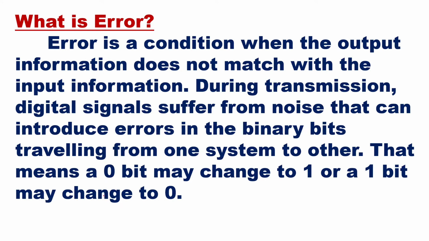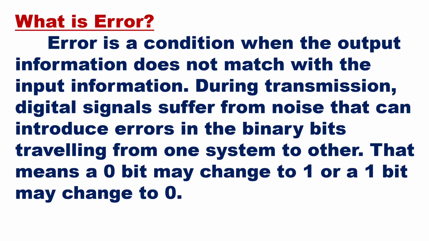During transmission, digital signals suffer from noise that can introduce errors in the binary bits traveling from one system to another, that is, from transmitter to receiver, or from one source to another destination.